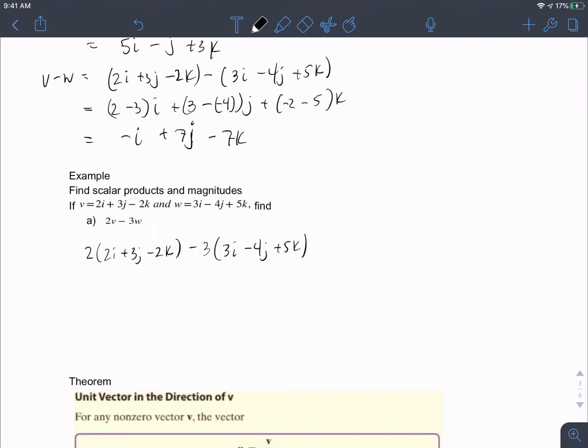So that's going to give me 4i plus 6j minus 4k minus 9i plus 12j minus 15k. And that's going to clean up to be a negative 5i plus 18j minus 19k.